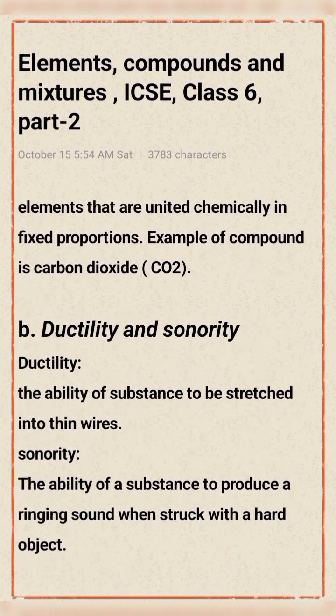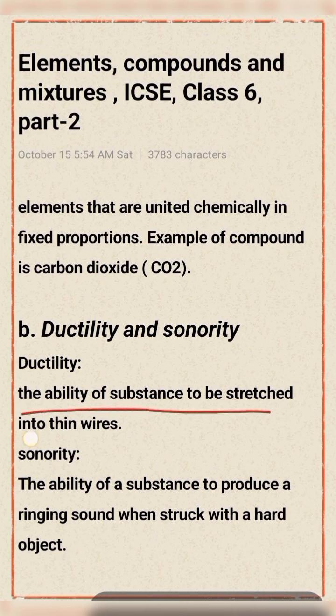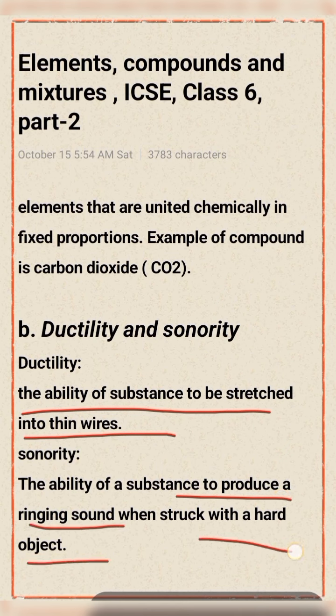Next, ductility and sonority. Ductility is the ability of a substance to be stretched into thin wire. Sonority is the ability of a substance to produce a ringing sound when struck with a hard object.